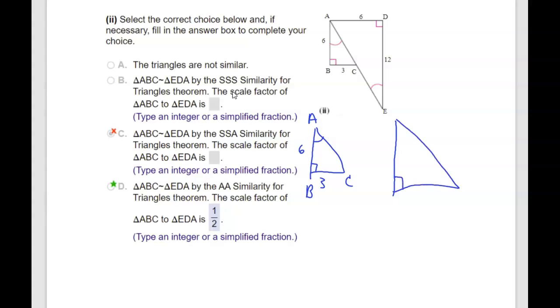And I want my right angle to be here. Well, my right angle was D. And I want my single angle up here to be E. My side that goes from D to E was 12.